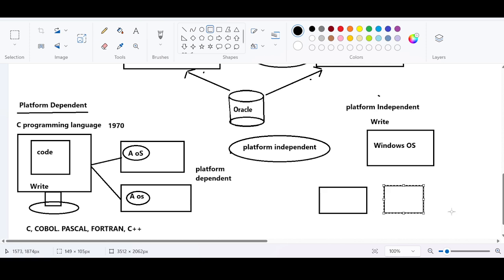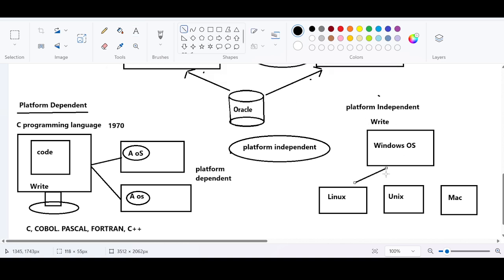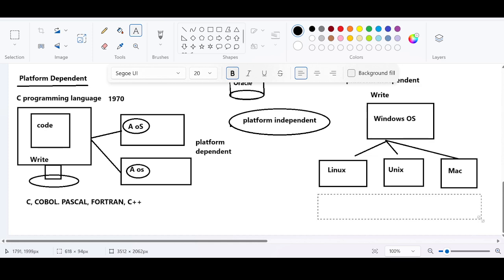You can run it in any operating system, not only Windows. You can run it in Linux, Unix, or Mac operating system. You write the piece of code in Windows OS, but you are able to run this in any operating system after the compilation.